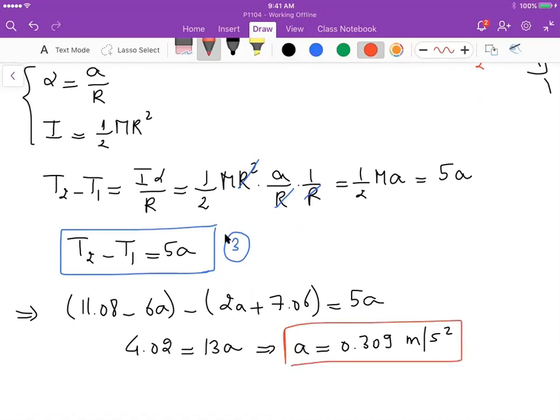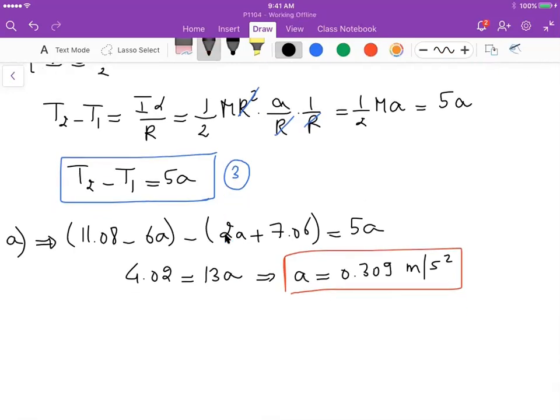This was part A. So in part A we solve the three equations together and get this. As for part B, we were asked to find T1 and T2. So now we go back to equations 1 and 2. From equation 1, T1 is equal to 2 times A plus 7.06, and we end up with the value 7.67 Newton.